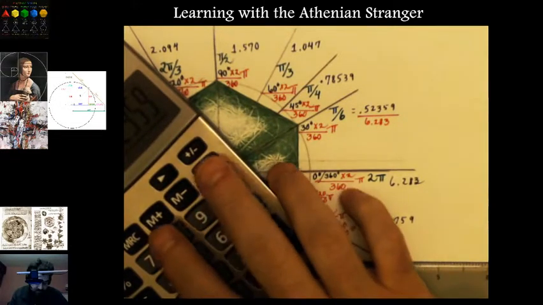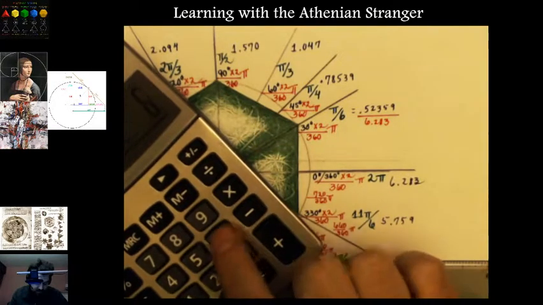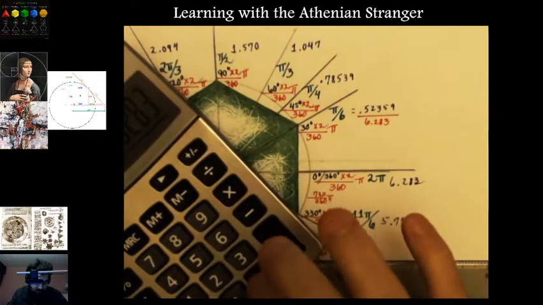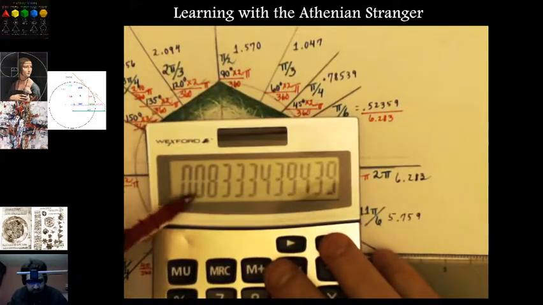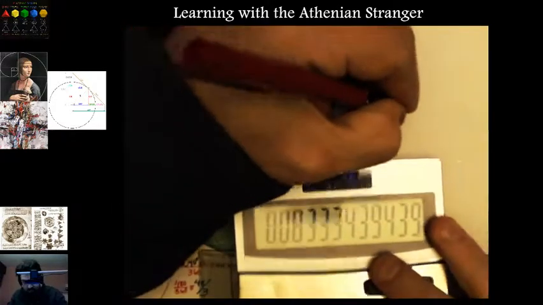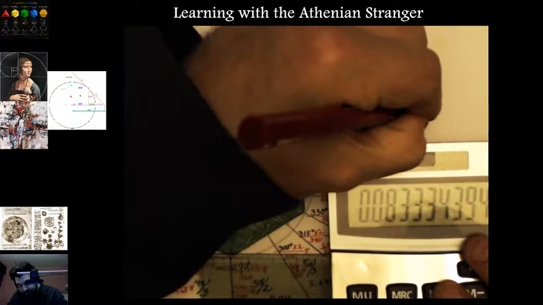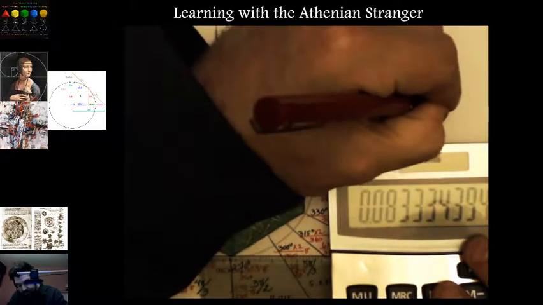0.52359 divided by 6.283. And what that gives me is 0.0833.